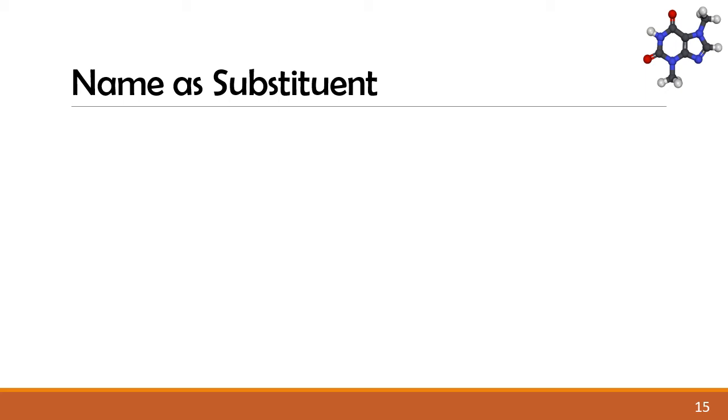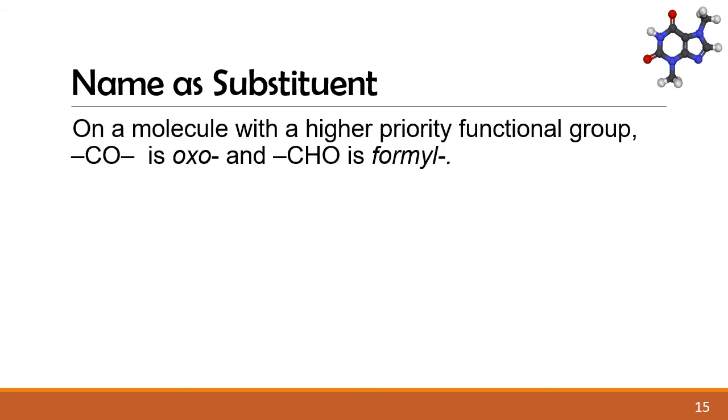As such, they can also become substituents or have lower priorities than other functional groups. When a ketone has lower priority, it becomes a substituent and takes on the prefix oxo. When an aldehyde has lower priority, it takes on the prefix formyl.